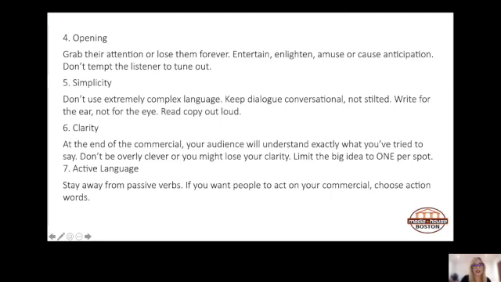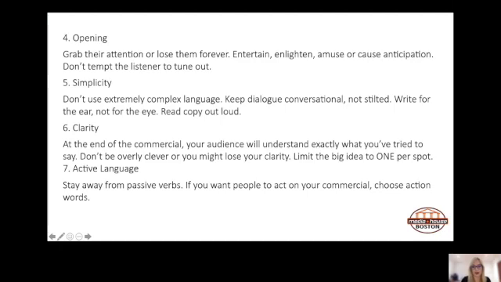Number 5, simplicity. Don't use extremely complex language. Keep your dialogue conversational, not stilted. Write for the ear, not for the eye. Okay, read the copy out loud. Focus on this because a lot of people tend to put too much emphasis on their language, making it too complex.